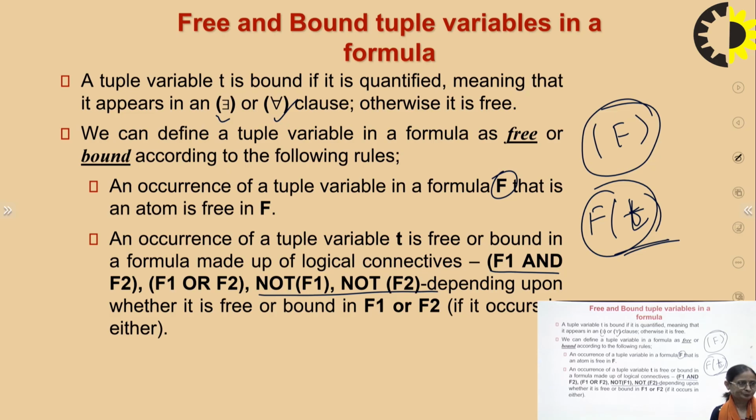For example, F1 is working on tuple T and F2 is working on tuple W. With respect to tuple T it is always a free tuple, and with respect to the other tuple it is a bound tuple.